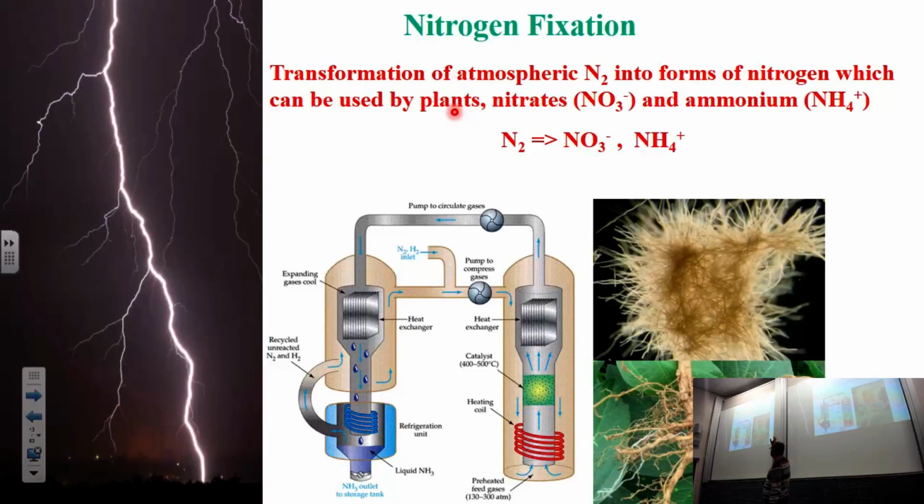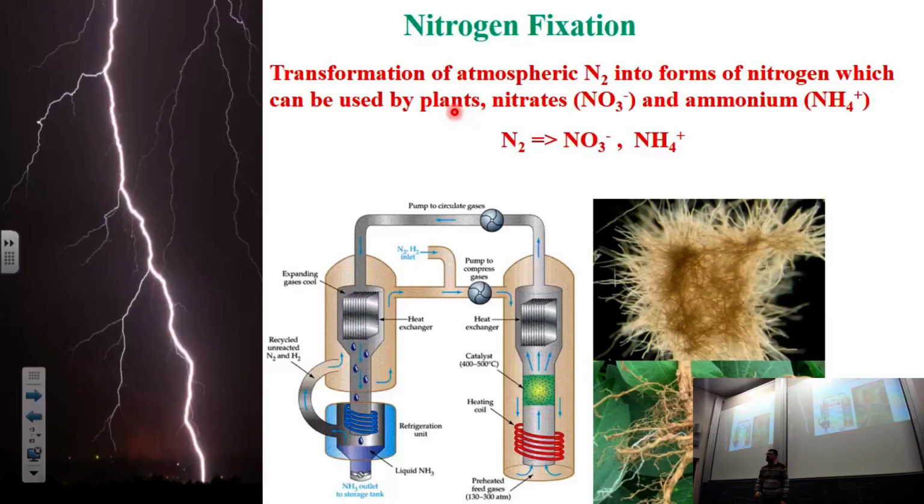Other processes: the Haber-Bosch process, which is an industrial process which takes hydrogen gas and nitrogen gas, and again puts them at high temperature and high pressure in the presence of a catalyst, usually iron, and that requires an enormous amount of energy, and that creates ammonia. And then you've got this third process, which is biological fixation.